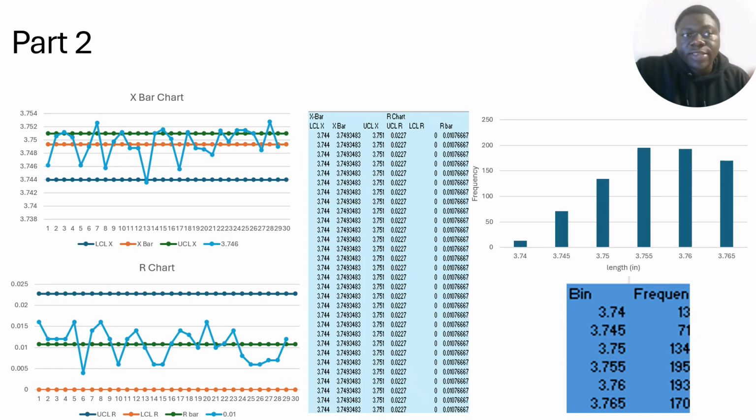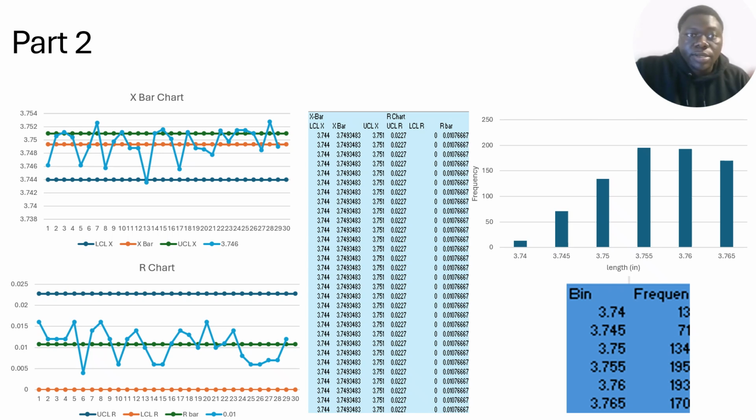For part two of case study 6.1, I had to create an X bar and R bar chart and a histogram combining day twos and day ones stats. I first made an X bar chart and an R bar chart.